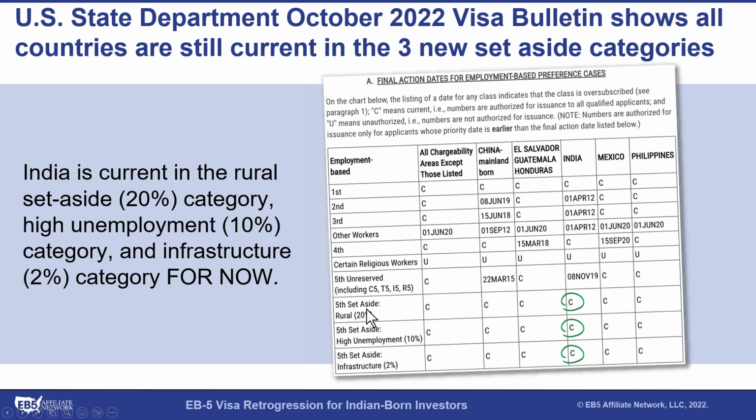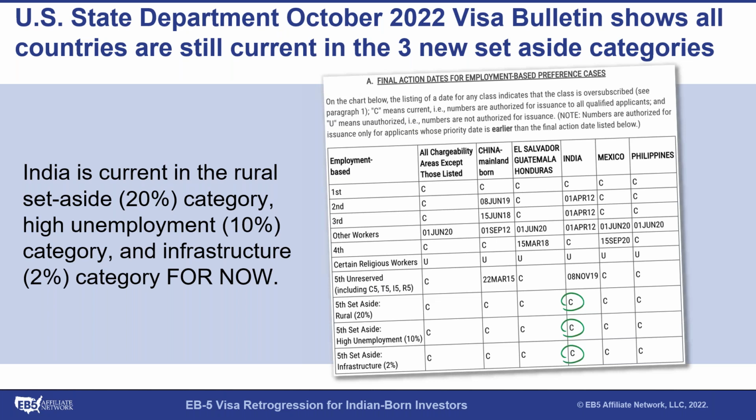What that effectively means is that 32% of all of the available visas, the 10,000 visas per year, are now set aside off the top and are allocated into these 3 new categories, 3 new lines, essentially. So those visas are new.